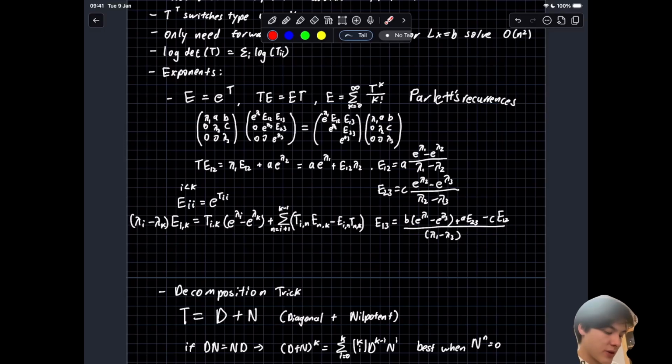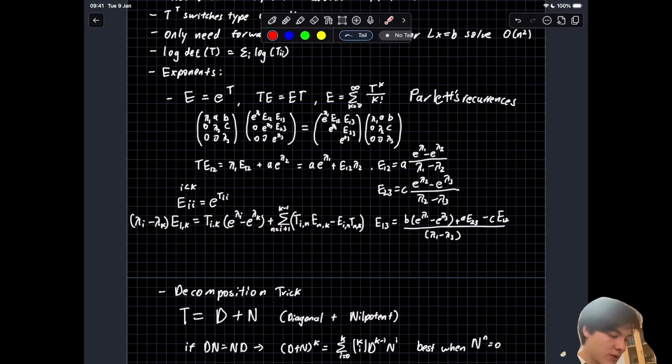So basically we could write down, for example, on the diagonal, it's e to the power of lambda, whatever was on the diagonal. And then we just need to find these values.